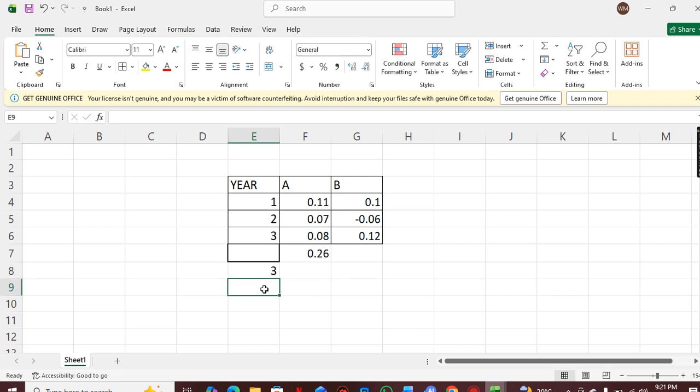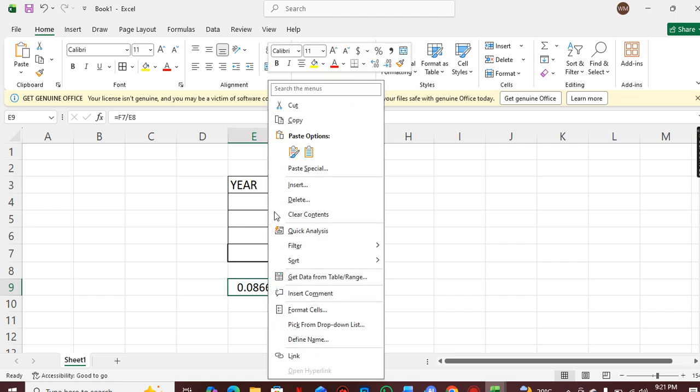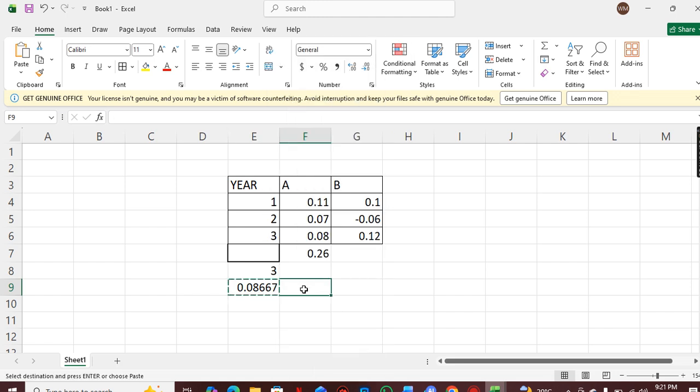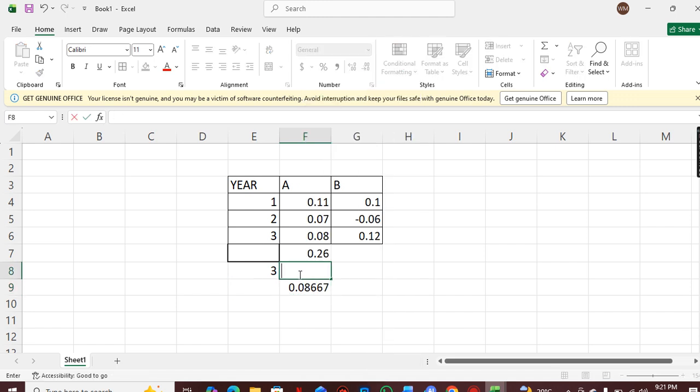So the average is going to be 0.26 divided by 3, 0.08667. So the average return for investment A is 0.086, which is the same as 8.6%.